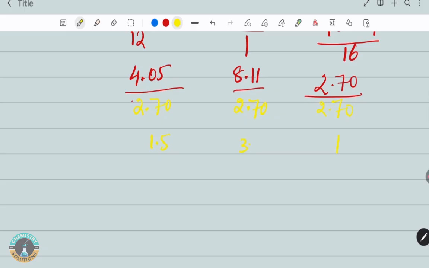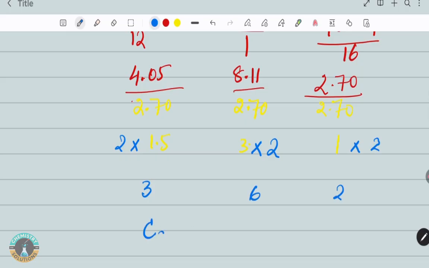So 1.5 is not a whole number, it is given in decimal, so we have to multiply it by 2. Why are we multiplying it by 2? By doing this we will get the rounded value, that is 3. We have to multiply all the values by 2. So 3 twos are 6 and 2.